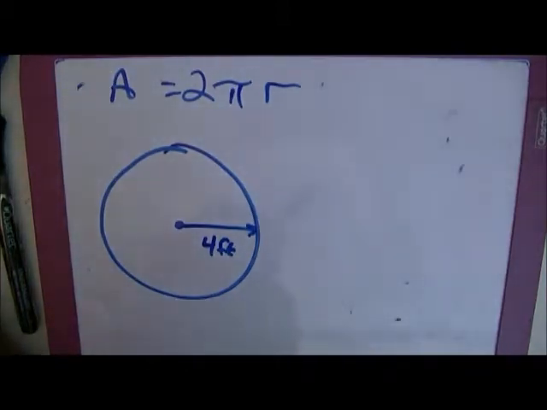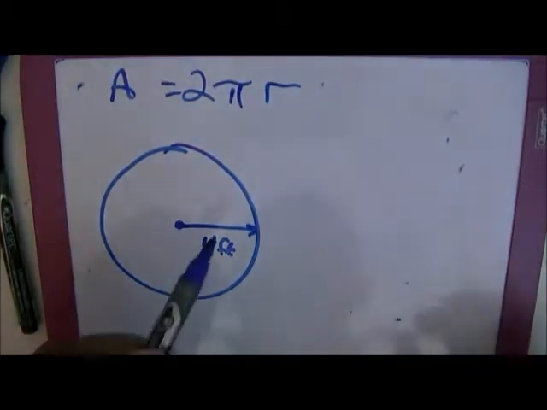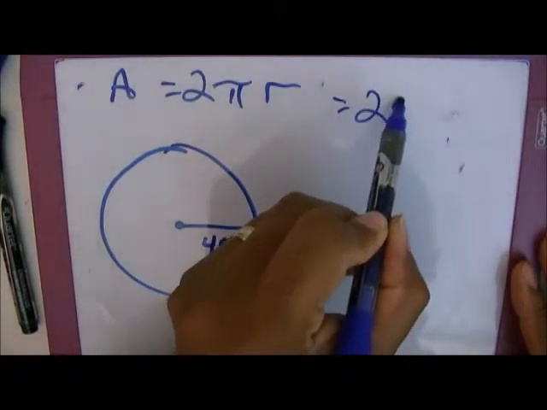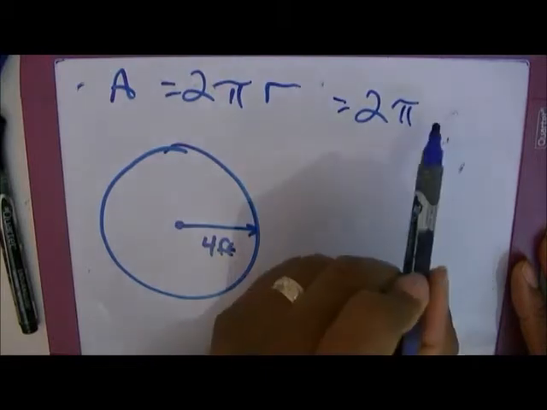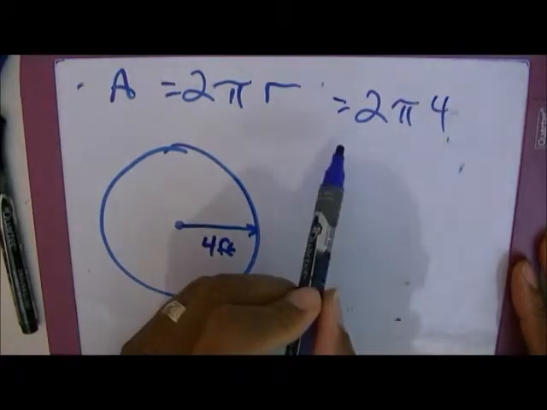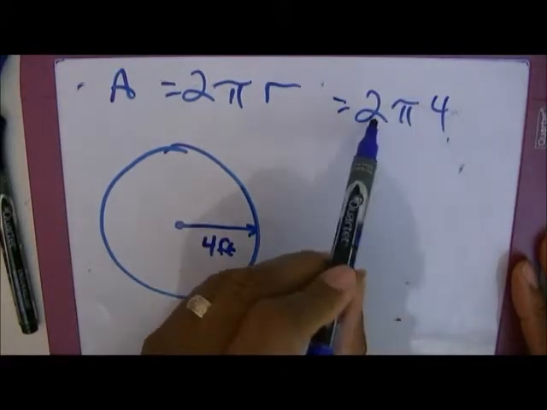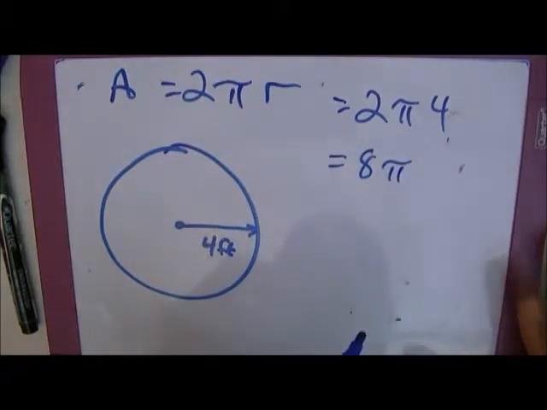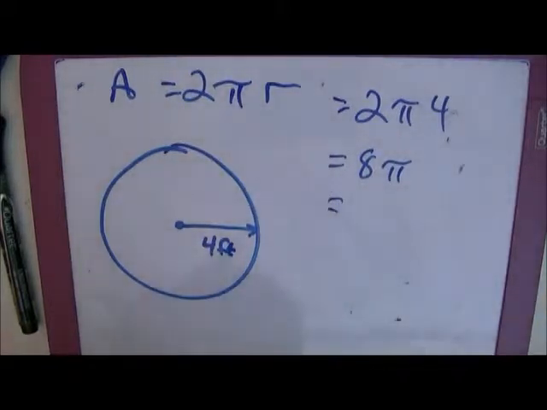So in this case, we're going to substitute 4 for r. So the area equals 2 times pi times 4. 2 times 4 gives me 8 times pi, and 8 times pi is, let me punch this in the calculator real quick.